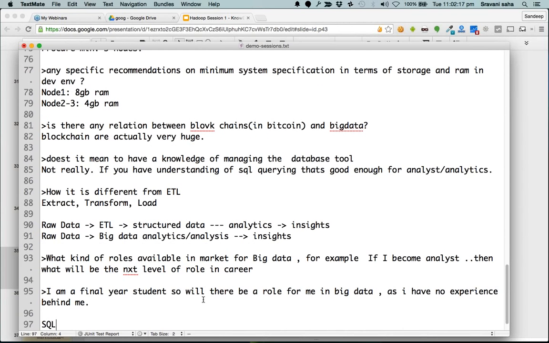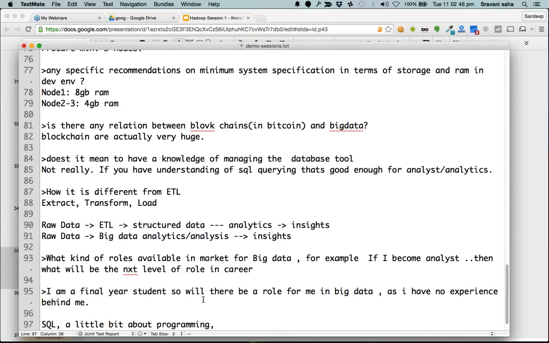Have a good handle over SQL. Understand SQL. No matter how many times people talk about NoSQL, you must understand SQL. Second, know a little bit about programming, at least.